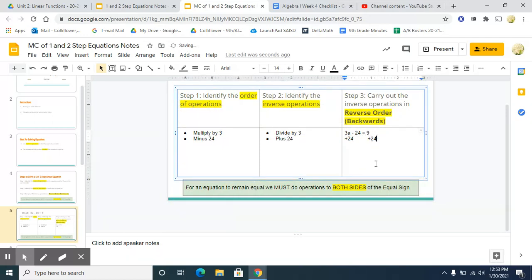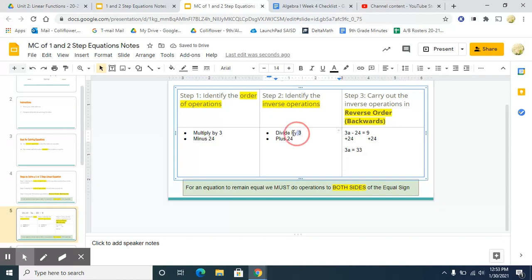So I'm adding 24 to both sides. When I add 24 to the left side, I have a minus 24 plus a 24, and that's going to be 0. So all I have left on the left side is 3a. And 3a is equal to 9 plus 24. Well, let's do some quick calculations. 9 plus 24 is 33.